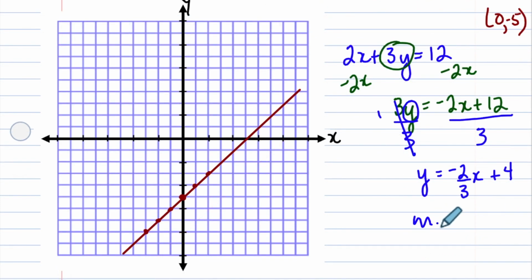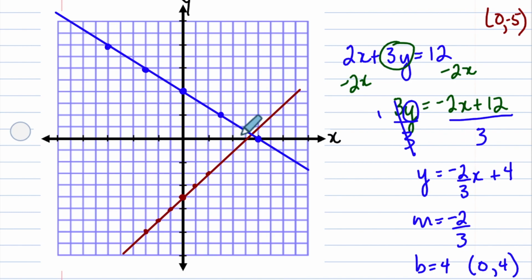The slope will be -2/3, and the y-intercept will be 4, which is the point (0, 4). We'll go down 2, right 3, or up 2, left 3.